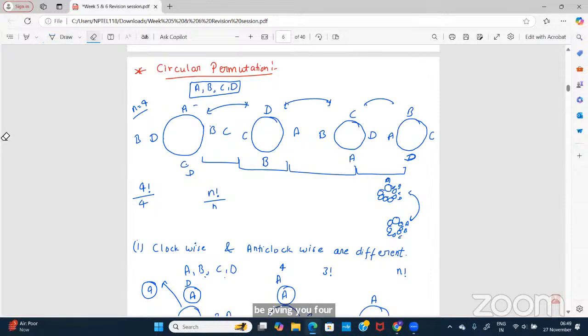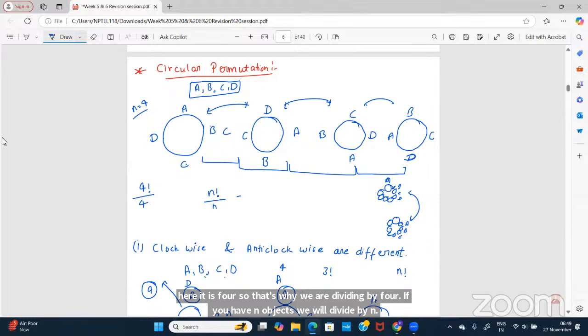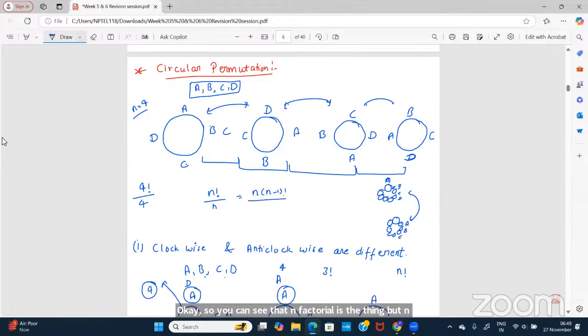So here it is 4, and that's why we are dividing by 4. If you have n objects, we divide by n. So n factorial is n into n minus 1 factorial, divided by n. The n will cancel out and it will be n minus 1 factorial. So here the formula comes for circular permutation: we can arrange n things around a circular shape in n minus 1 factorial ways.